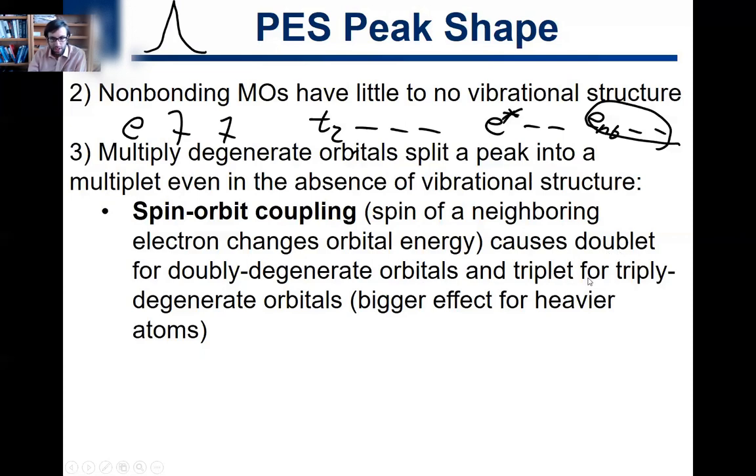If you have triply degenerate orbitals, like T2 or T1, that's going to give rise to triplets, okay? And what's also good to know here is that it's a bigger effect for heavier atoms, okay?